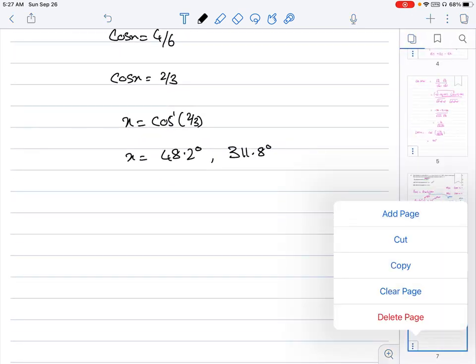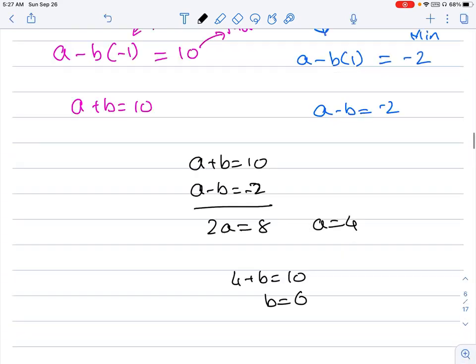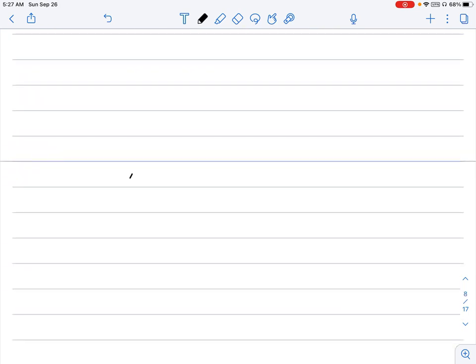Now, in the next part of the question, I quickly add a page. It is being asked: sketch the graph y is equal to f(x). So f(x) is equal to 4 minus 6 cos x and x lies between 0 and 360 degrees.